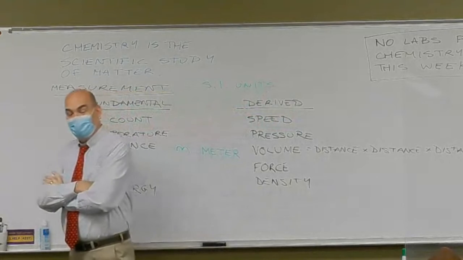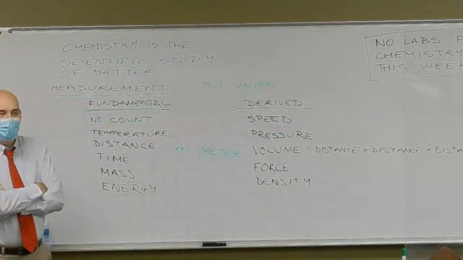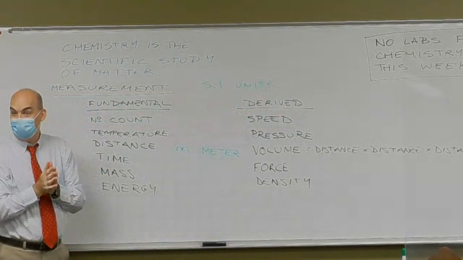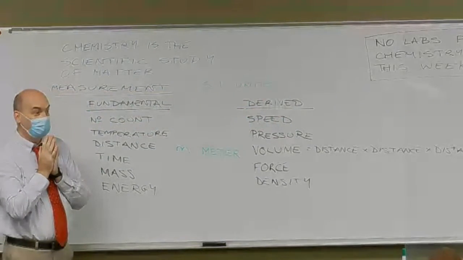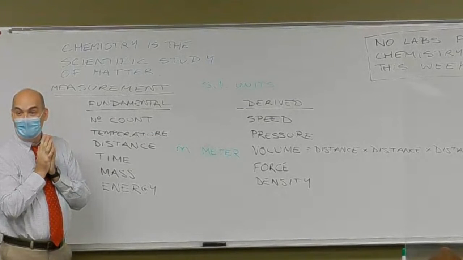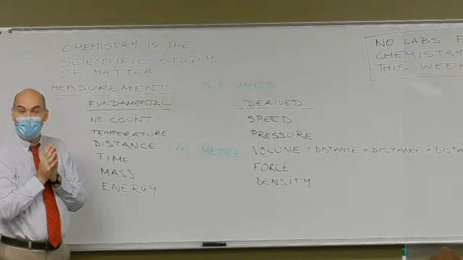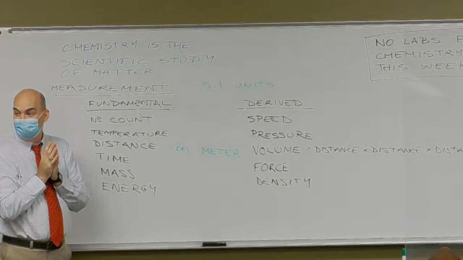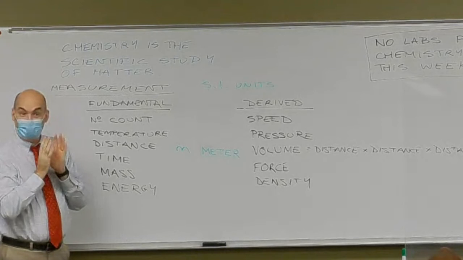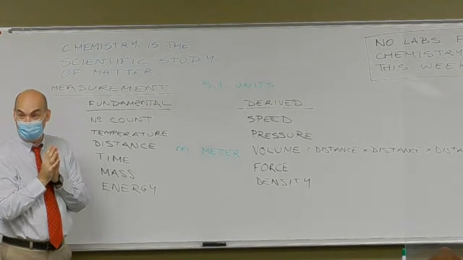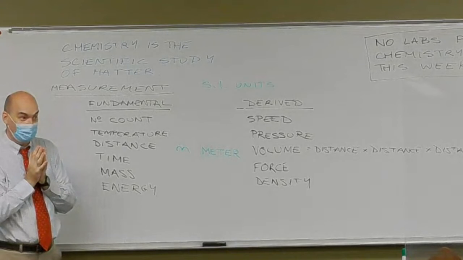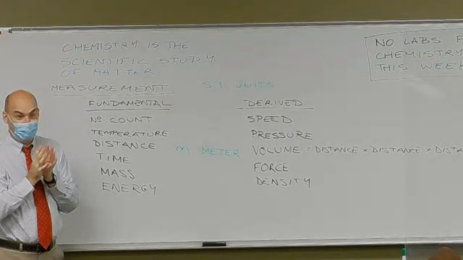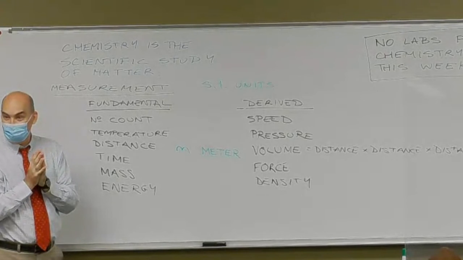The Roman system of time was not a uniform measurement of time. How many hours were in a Roman day? Anybody know? There were 12 hours in a day. And what constituted a day? When the sun was up. So nighttime was not measured. Only daytime was measured. And every day was 12 hours long. And you know how in the summer, days are longer than they are in the winter?